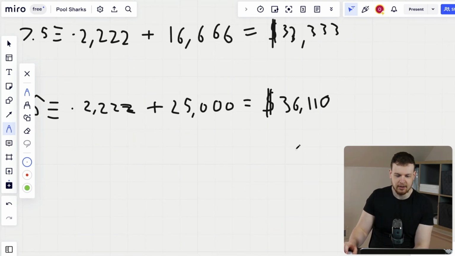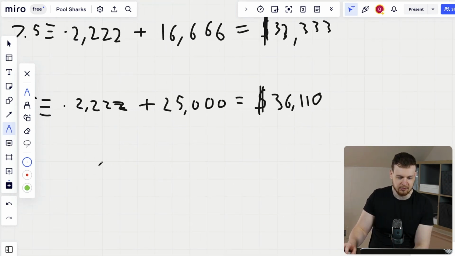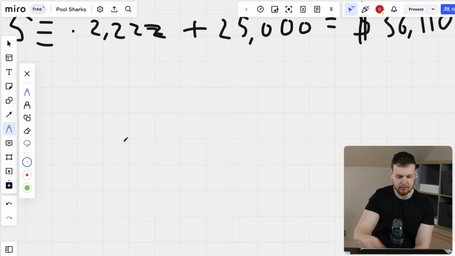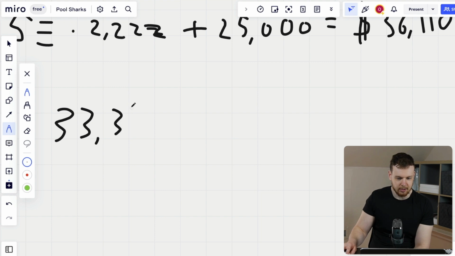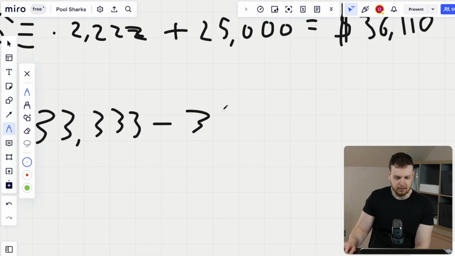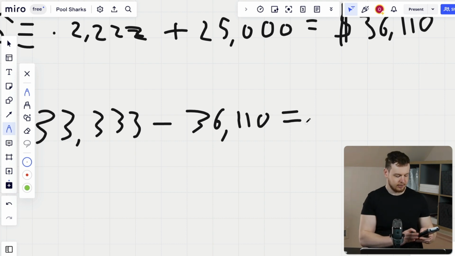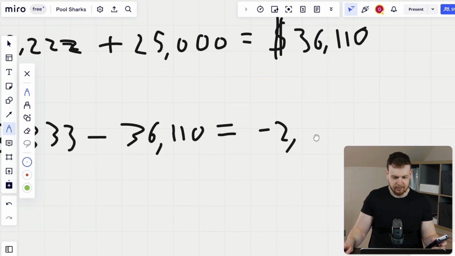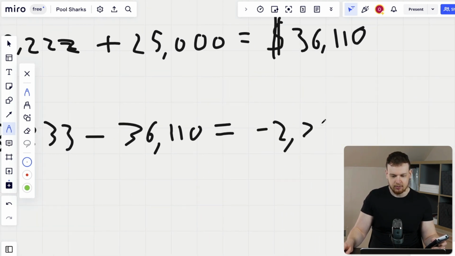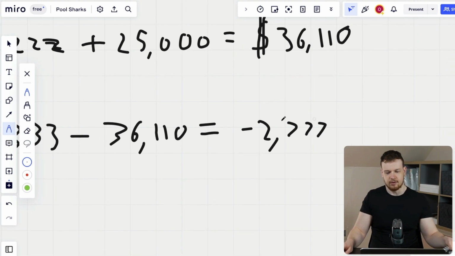And so we can calculate the exact amount of impermanent loss that we experienced by just doing 33,333 subtracted from 36,110, and this will get us an exact value of the impermanent loss that we experienced, and it's going to be, with all the rounding that we've done, roughly 2,777.